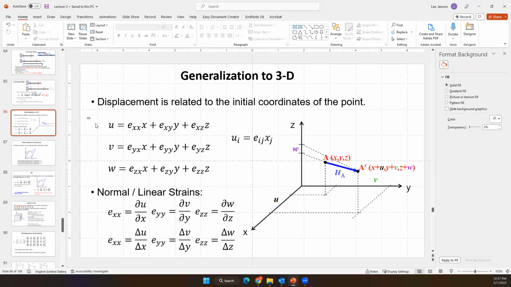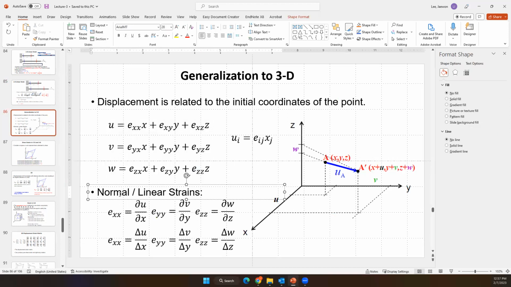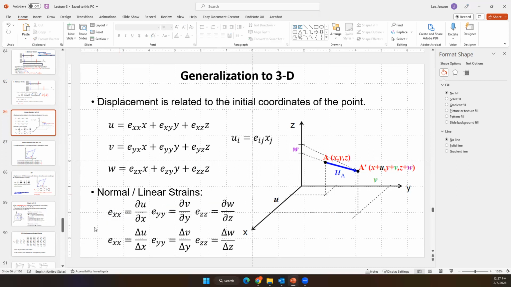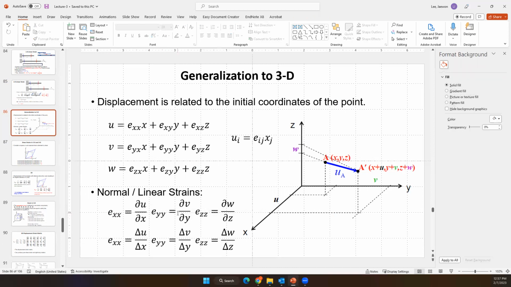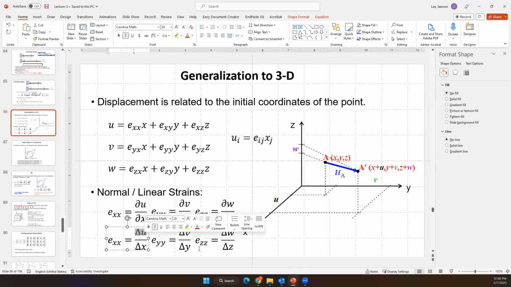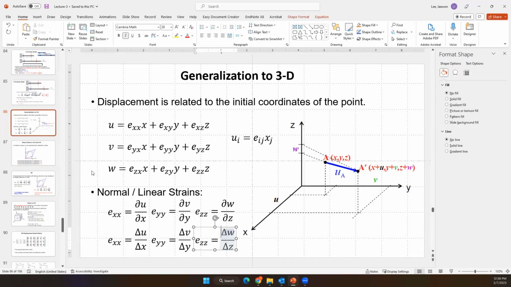If we consider every component, we can make a normal linear strain relation like this: EXX is partial U over partial X, EYY is partial V over partial Y, EZZ is partial W over partial Z, which is delta U over delta X, delta V over delta Y, delta W over delta Z.